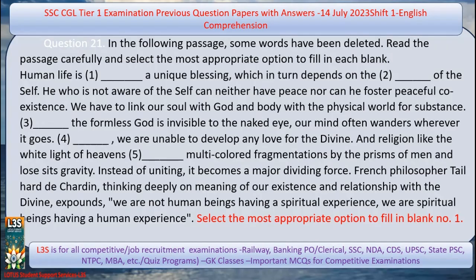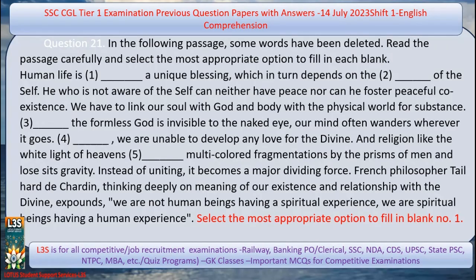We have to link our soul with God and body with the physical world for substance. Thus, the formless God is invisible to the naked eye. Our mind often wanders wherever it goes. Thus, we are unable to develop any love for the divine.